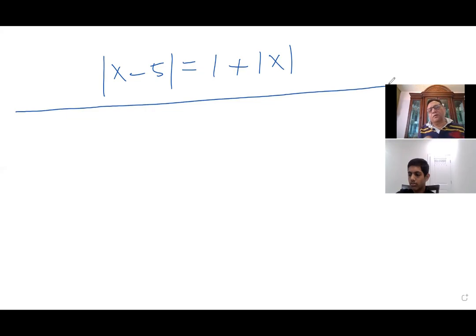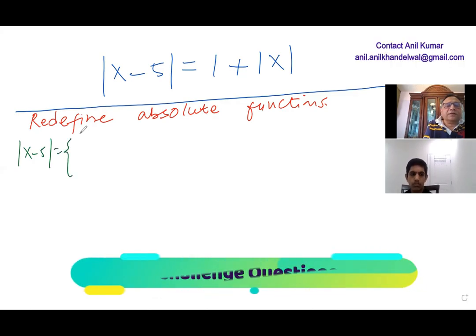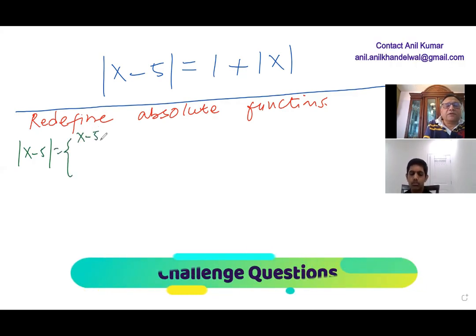Now basically, let us redefine the absolute function. What is absolute value of x minus 5 defined as? This is equal to either x minus 5 when x is greater than or equal to 5, right?